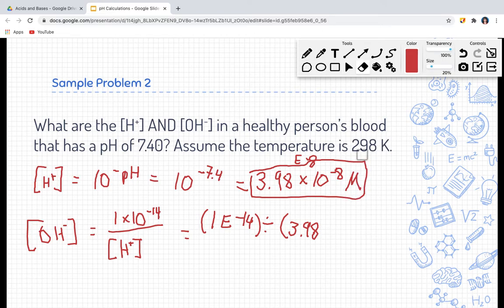Sorry, I want to put this in like you would put it in your calculator. E negative 8. Okay, so 1 E negative 14 divided by 3.98 E negative 8.